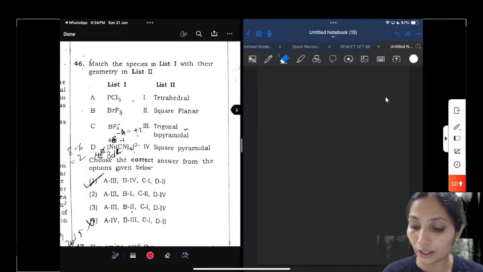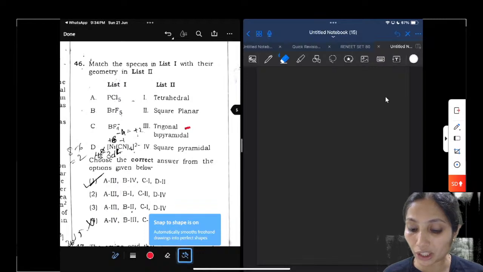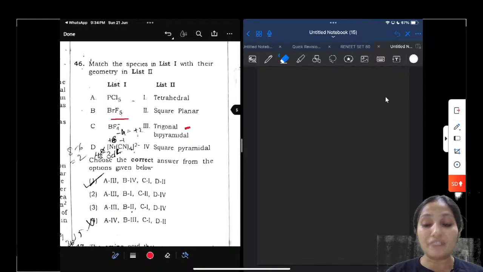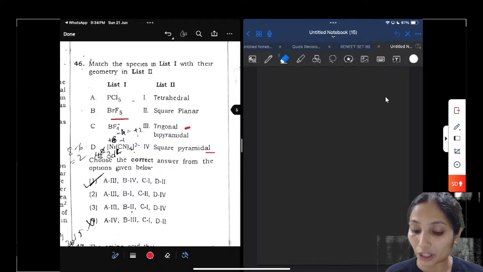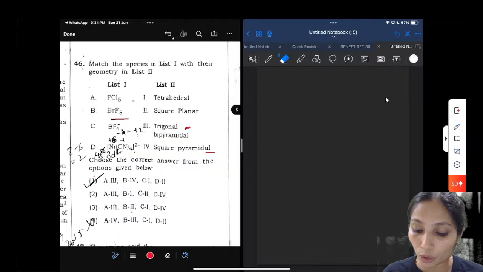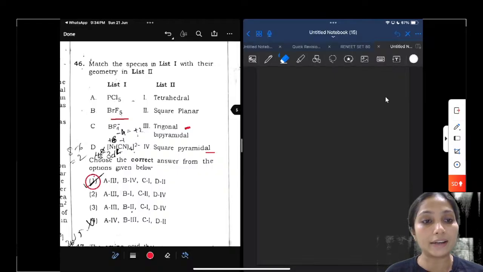But in three options we have the same thing. So let's go to BrF5. In BrF5, what is the geometry? BrF5 has square pyramidal geometry. In which one of the following options do we have square pyramidal for B? So B corresponds to 4. That is in option A. So our option A is correct here.